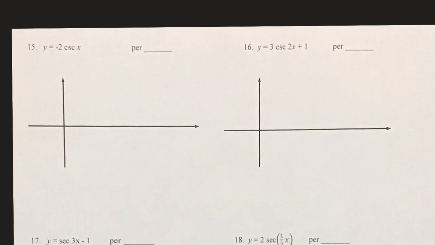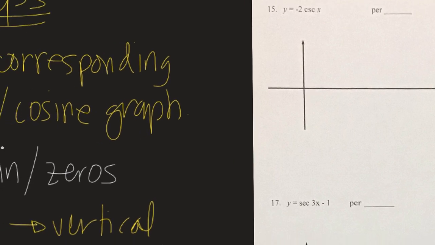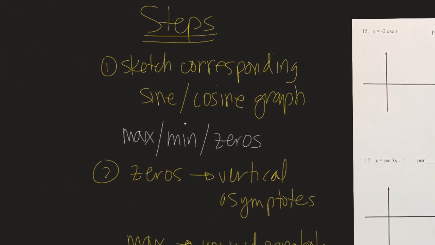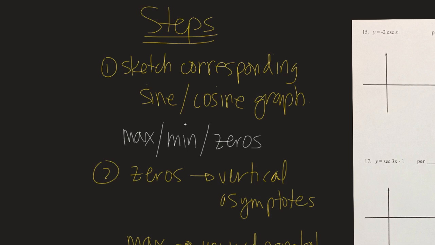So let's switch gears here and look at doing some graphs of our cosecant and our secant functions. Okay, so there are some steps that we're going to take every time we do these, and here are your steps. Okay, number 1, you're going to sketch the corresponding sine or cosine graph because you want to find out what are the maximum values, what are the minimum values, and what are the zeros.